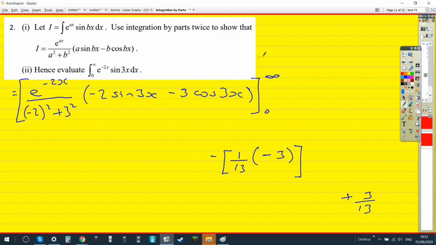Let me think about this. Don't think so. But I can see as x tends towards infinity, e to the minus 2x, what would happen to that? e to the minus 2x is the same as 1 over e to the 2x. So it would tend to 1?